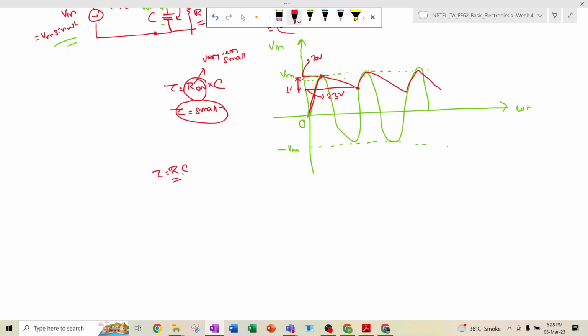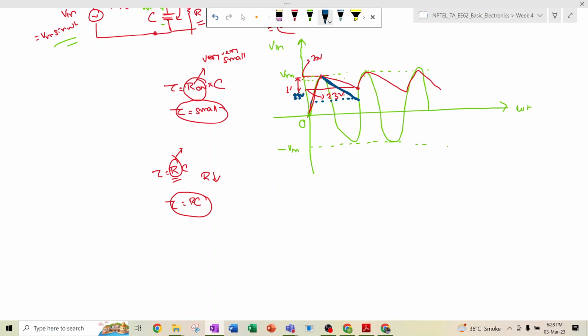So you understood, right? If the resistance value is too low, there should be some lowest value of the resistor, because if R is even lower than the lowest value, then the time constant will be very large, and the capacitor will discharge further down. So the capacitor will discharge and it will cross the 23 volt.